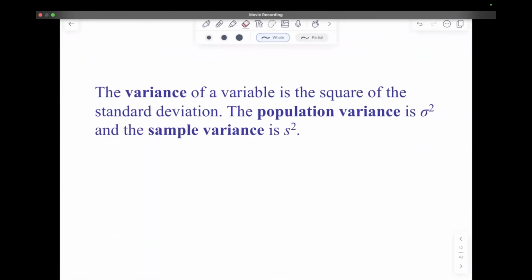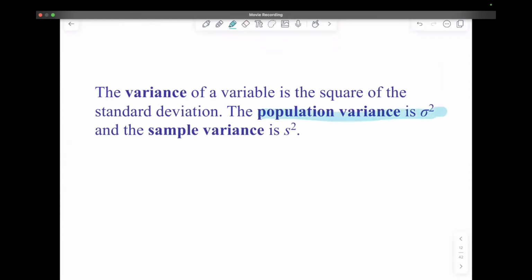This is something I have never in my life used for anything, but for some reason it is frequently asked in things like homework. I will not test you on it, but the variance is just the standard deviation squared. You just take the standard deviation and square it, or it's the value before you take the square root. I've never seen a sample variance asked on a test or homework assignment, but population variance on assignments is asked occasionally.